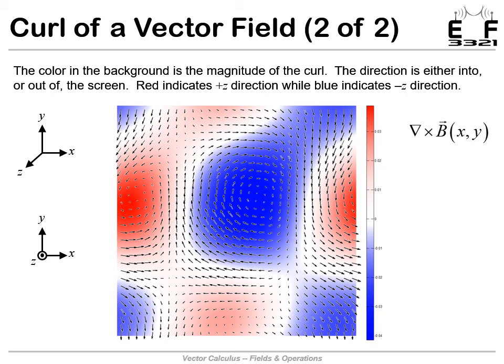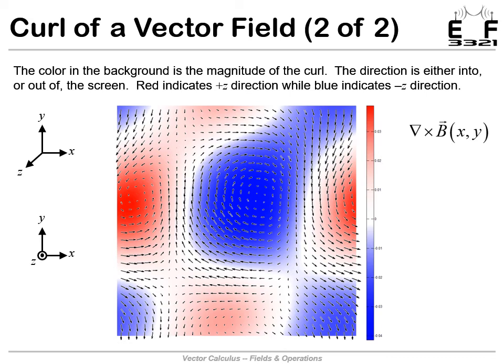And there's a handedness. If we take our right hand and we curl the fingers along with the original vector field, our thumb will point in the direction of curl. And we could also do that here. A little bit awkward, but our thumb is now pointing into the screen.